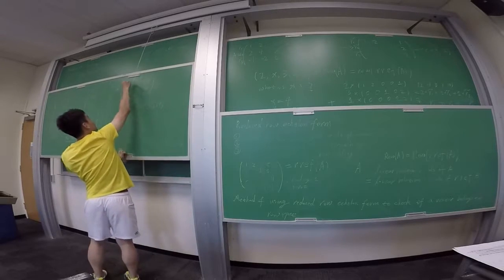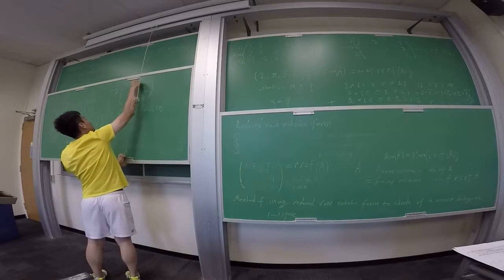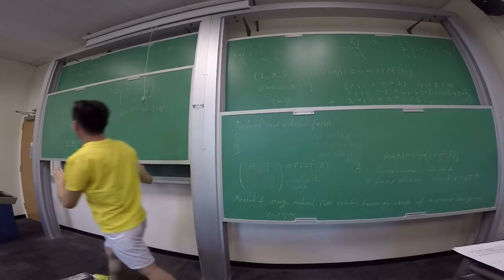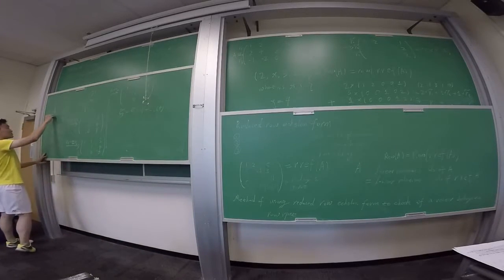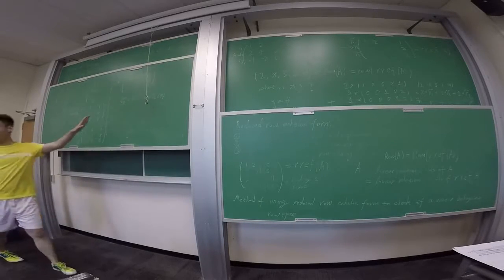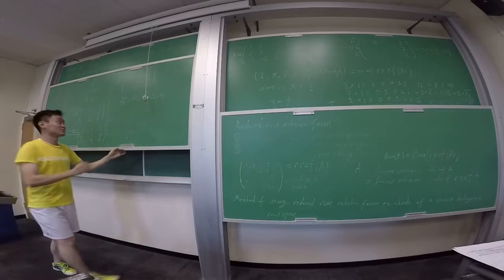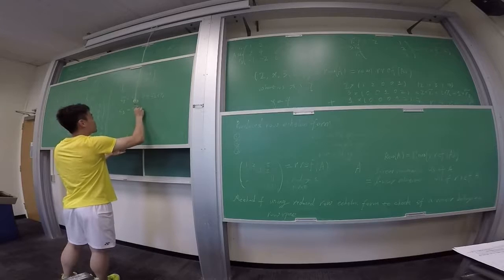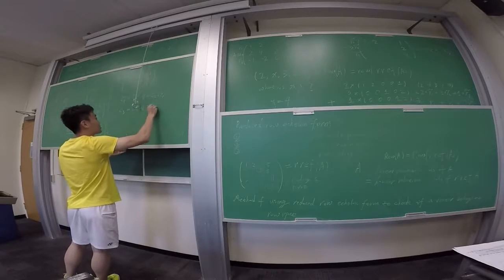So let's call it the first column, the second column, and the third column. And then let's call the original matrix's columns the first column, the second column, and the third column. This linear relation tells you that the third column is equal to the first column times minus 1 plus the second column times 4.